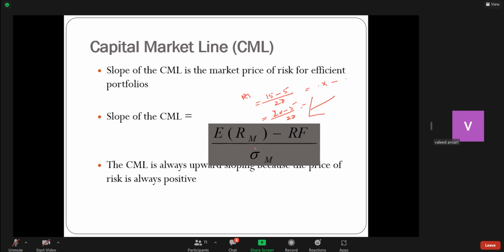That is why this line is always upward sloping, which means there is a positive risk-return trade-off. It is not the case that the higher the risk, the lower the return. If it were downward sloping, that would not hold. So the steeper or flatter slope determines the price of risk in the market. The greater the slope, the higher the price of risk in the market.